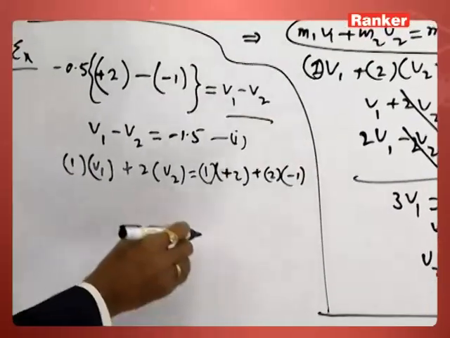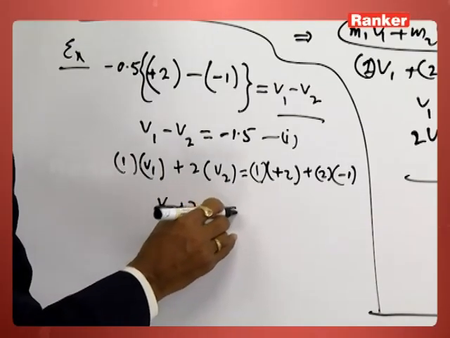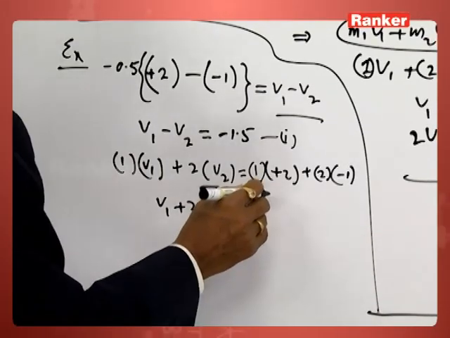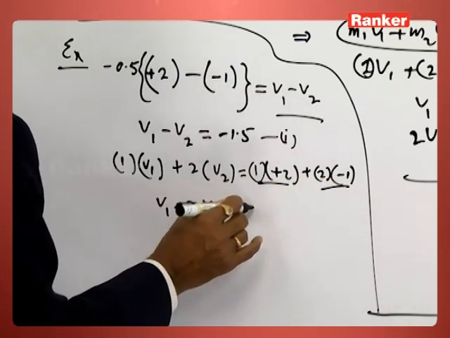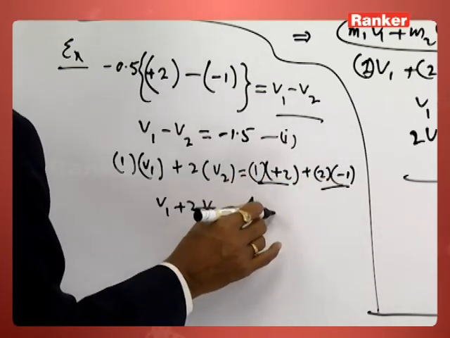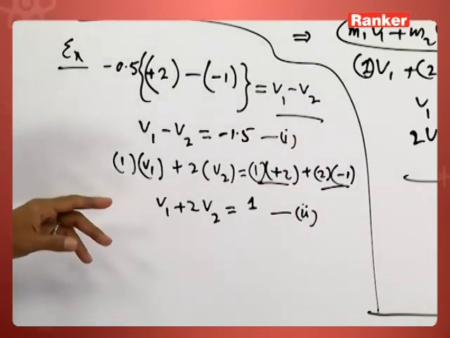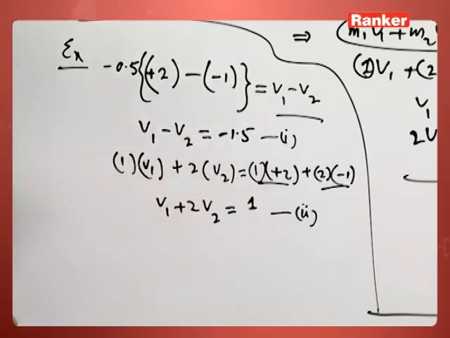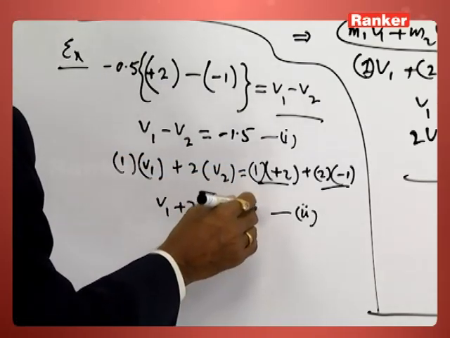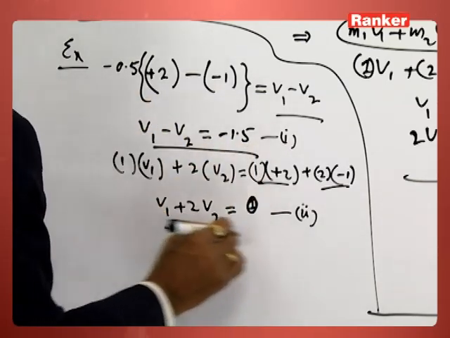So, you are getting v1 plus 2v2 is equal to plus 2 minus 2, it is not plus 1, it will be 0. Now, you solve these two equations.